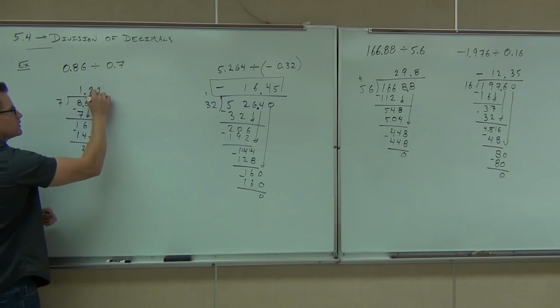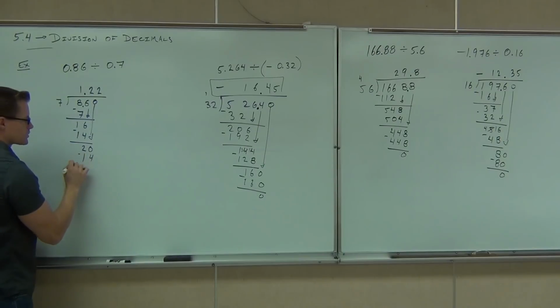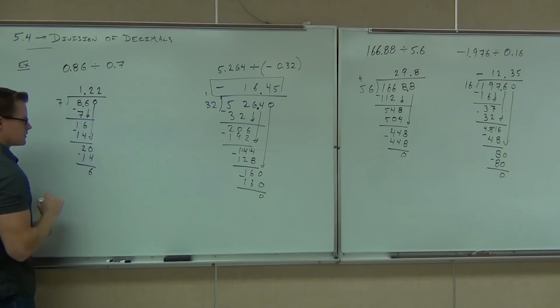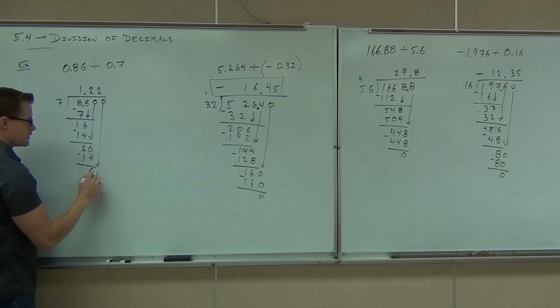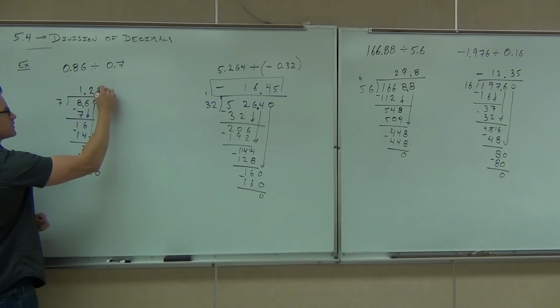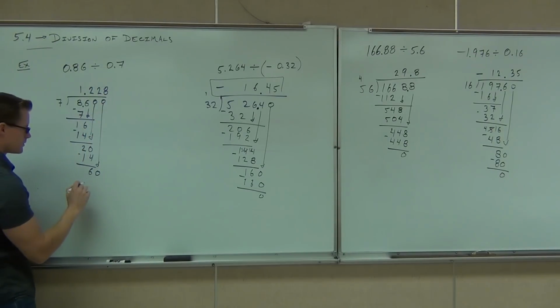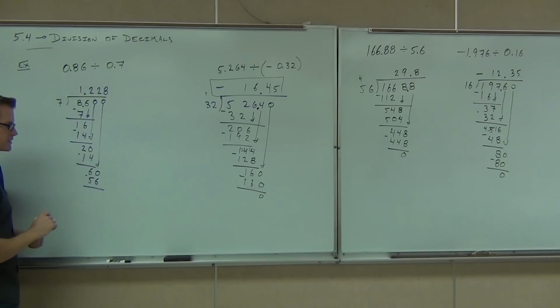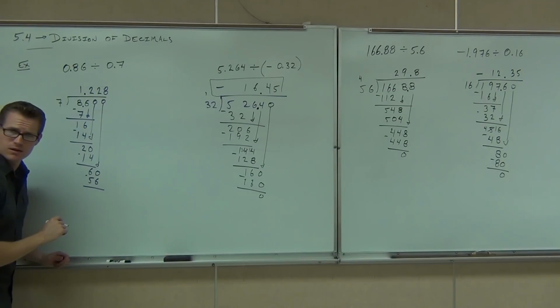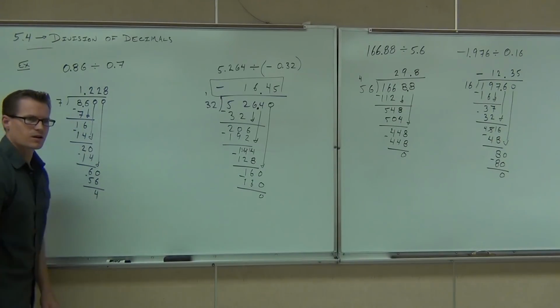That's 14. I subtract, I get 6. How many times does 7 go into that? 8. Okay, subtract, how much am I going to get there? 4. That's a lot of work.